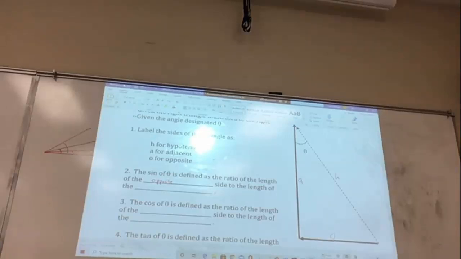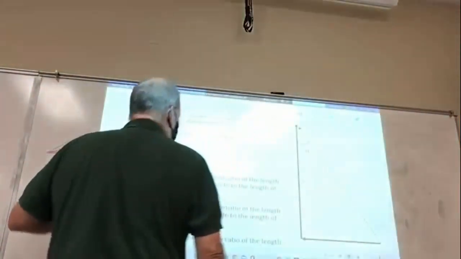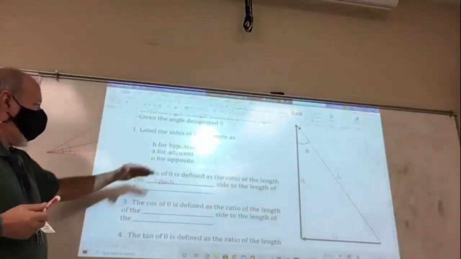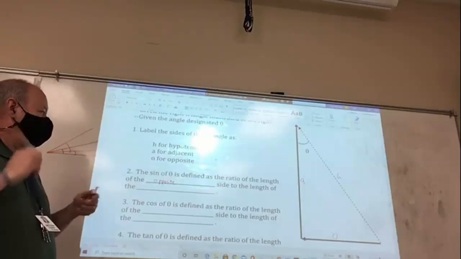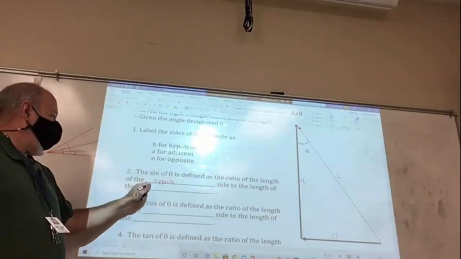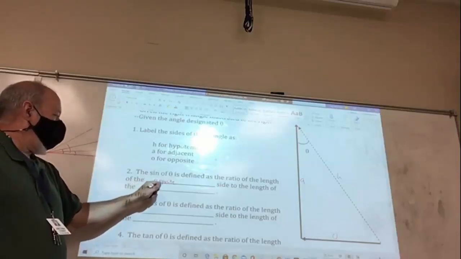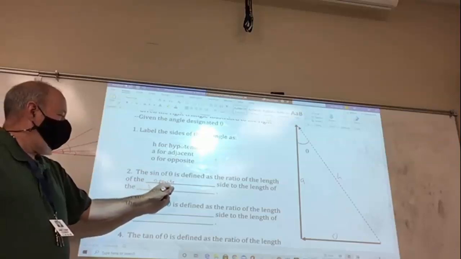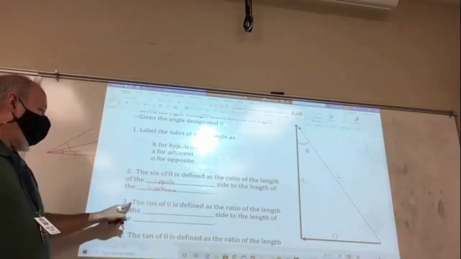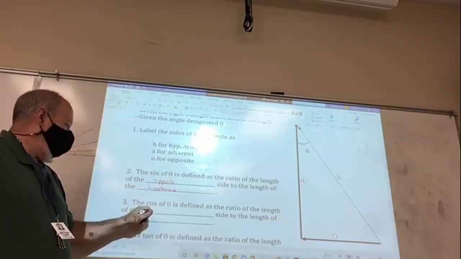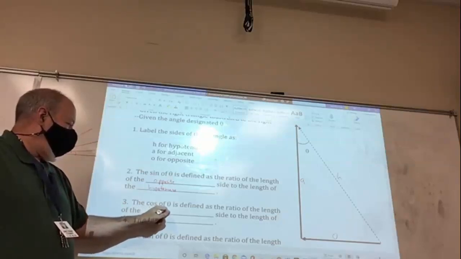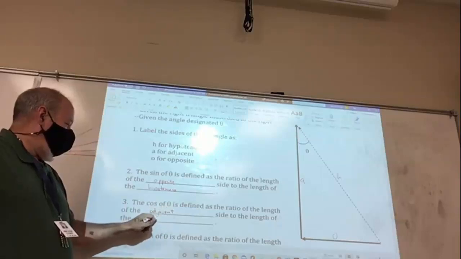So, obviously you're going to label these and you're going to fill in. Sine is opposite to the hypotenuse. I'm just reviewing real quickly what we already know. Cosine is the adjacent compared to the hypotenuse.